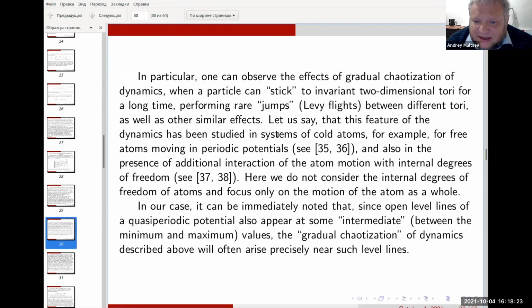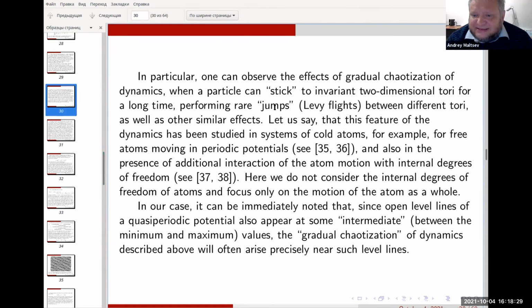But if we consider weakly interacting atoms, which means almost an ideal gas in such potentials, there is one essential moment which arises, because for 2-dimensional Hamiltonian systems, we can have a combination of integrable situations with chaotic behavior of trajectories of particles.